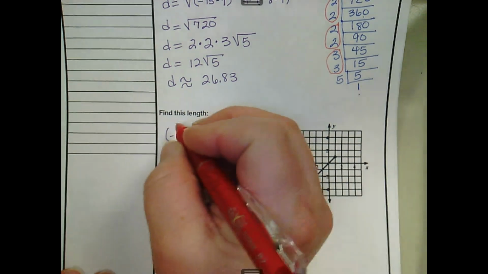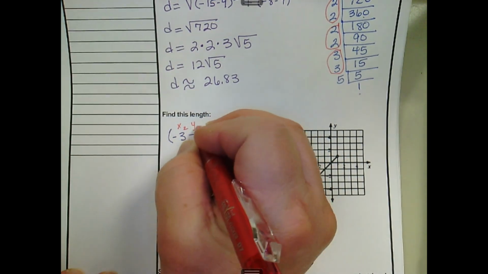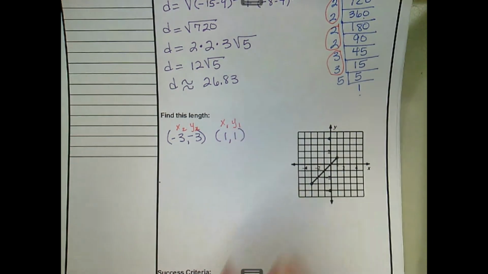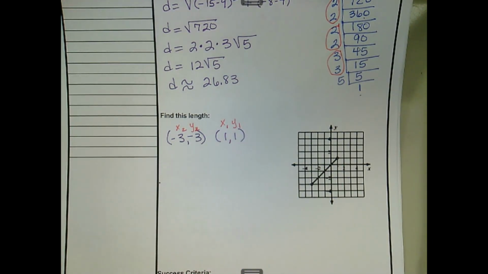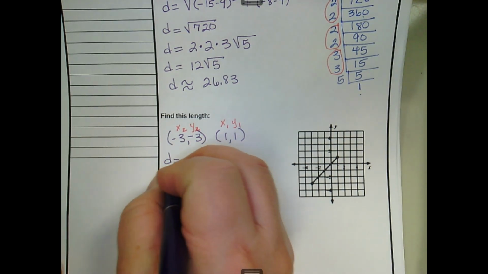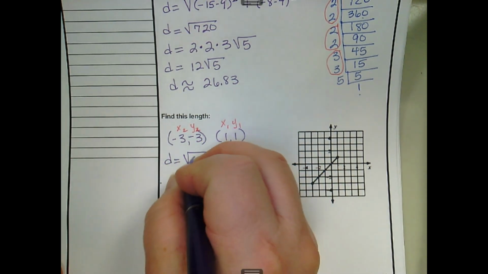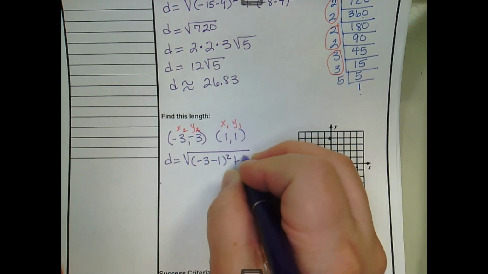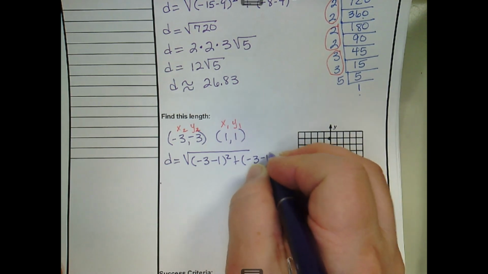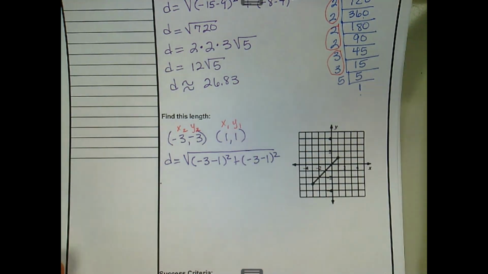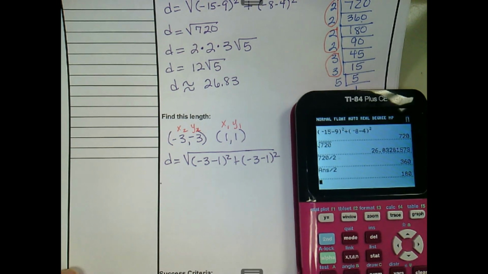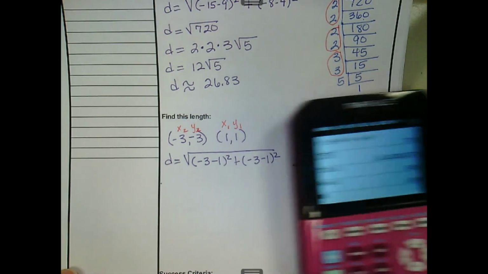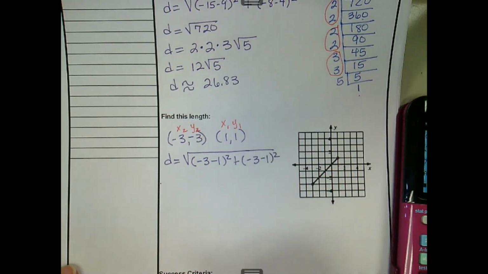X2 and Y2, and X1 and Y1. So I'm going to set it up. -3 minus 1 squared plus -3 minus 1 squared. -3 minus 1 is -4. -4 squared is 16. 16 plus 16 is 32.